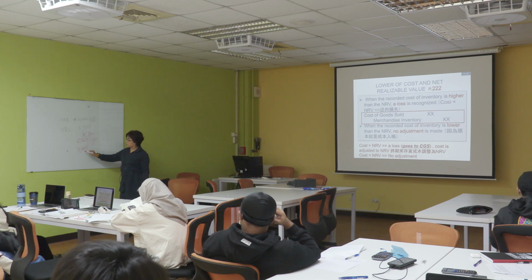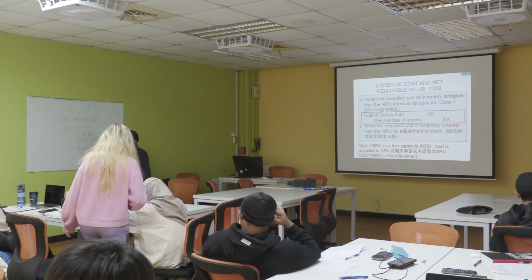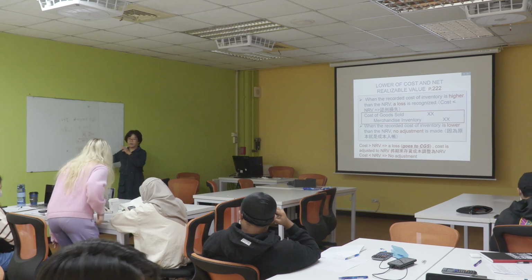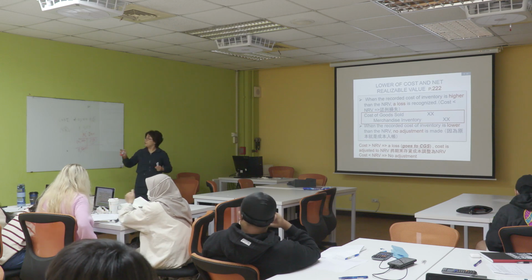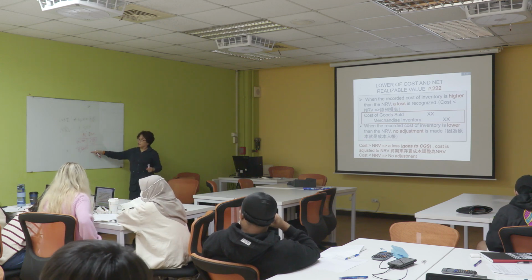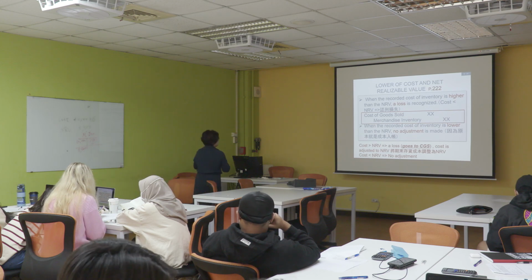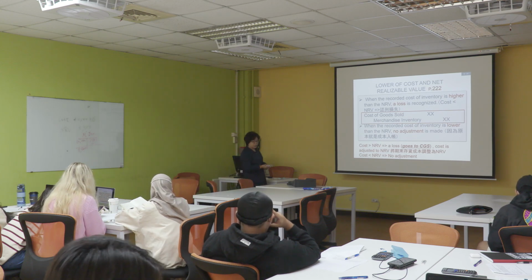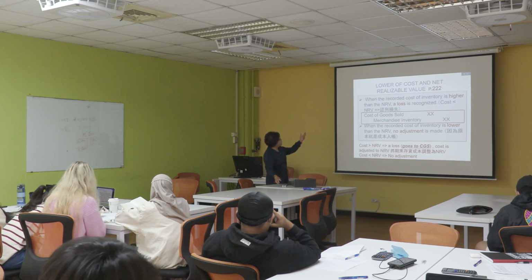So once you have made that entry, then you will post to here. So your value goes to here, right? Makes sense? So you always have to do the entry first, then the balance will be changed, okay? So here, inventory value dropped, and your cost of goods sold goes up, then of course your gross profit goes down. Okay, so that's how you handle that.